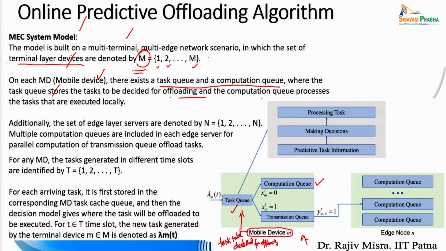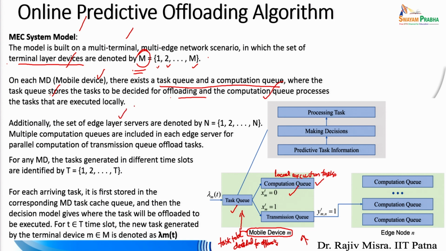Then it will have the computation queue, which processes the tasks that are executed locally. So, locally executed tasks are kept in the queue that is called the computation queue of the mobile device.